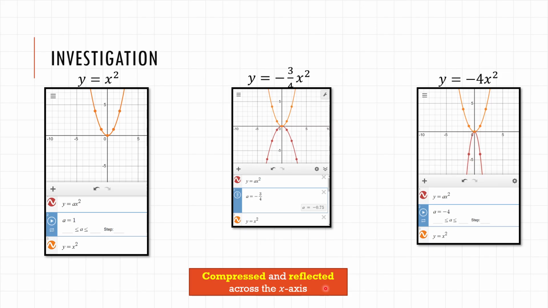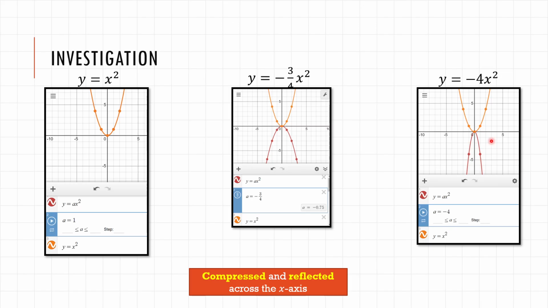And so that's why we say that this graph right here was compressed and reflected across the x-axis, because it got shorter. That's compressed, vertically shorter, and then it was reflected across the x-axis, as if the x-axis was like a mirror.